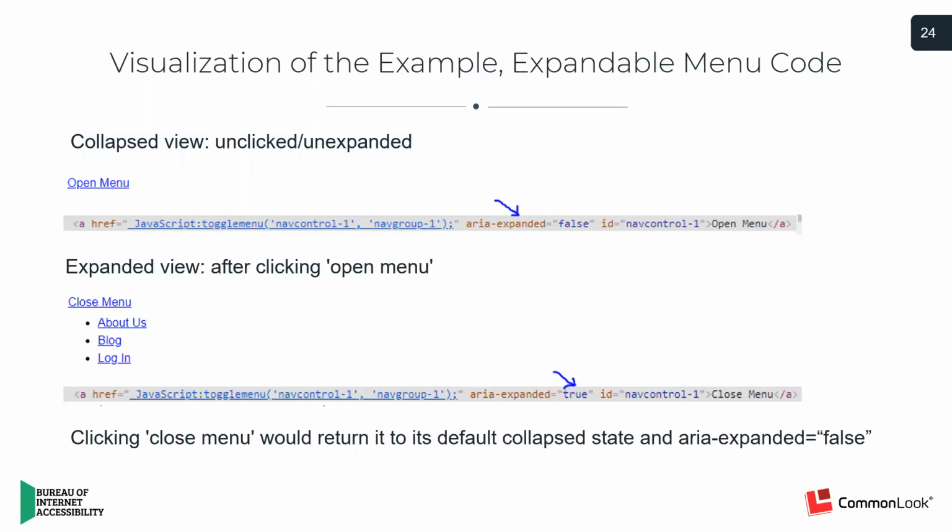In expanded view, the link text will say close menu and the menu is visible. And you will see on the second arrow there, the ARIA expanded property is now true. In both instances, the ARIA expanded property is updated at the same time as the link text. And that's all you need to make your expandable menus and collapsible menus accessible to AT users.